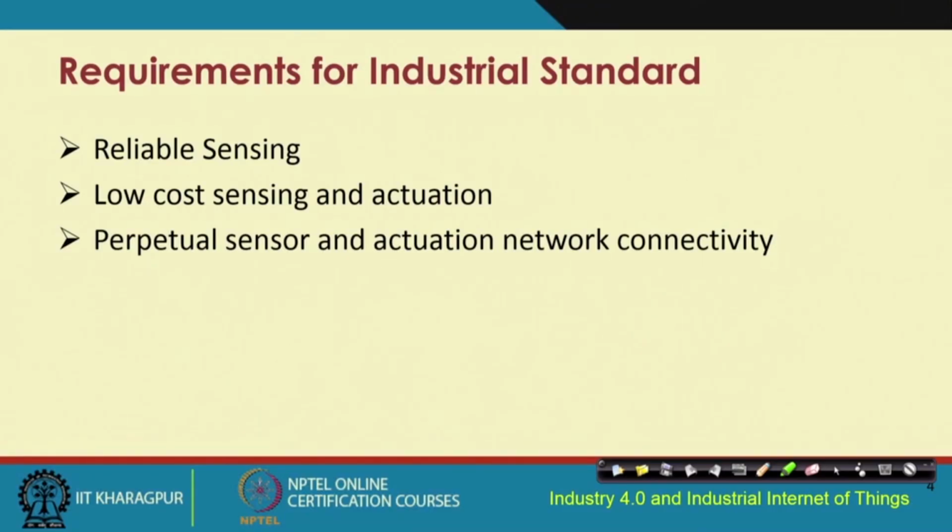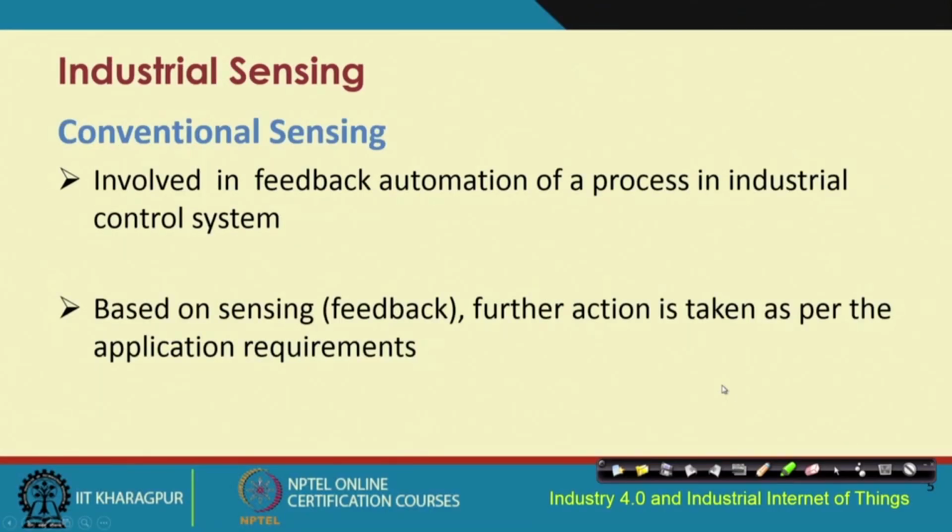Now, let us go ahead and look at sensing in further detail, industrial sensing. When we talk about industrial sensing, there are these conventional sensors that have been there since long. Again, sensors have been there for decades, but recently they have become even more popular with the popularity of IoT and IIoT.